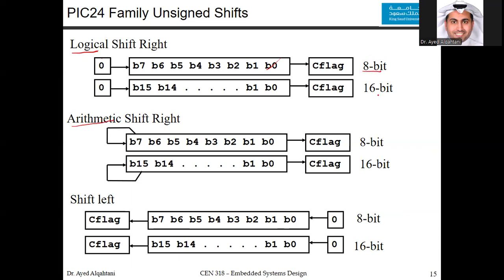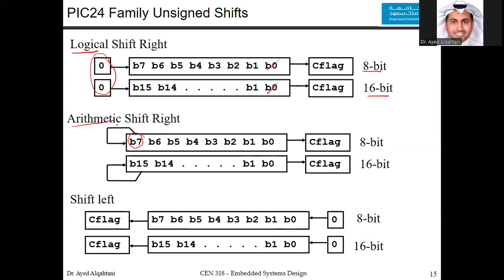Whether it's 8-bit or 16-bit, it's the same scenario. You drop the B0 and you introduce 0 to the most significant position. For the arithmetic shifts, you don't add 0. You actually add the last bit in the most significant bit again. So you conserve the sign.